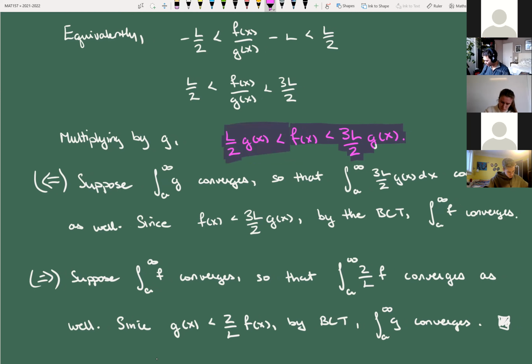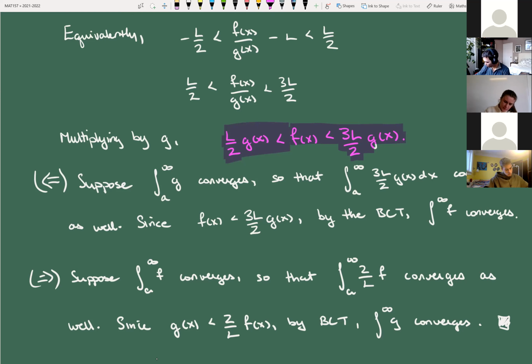Oh, sorry. You know what? I guess maybe I shouldn't say the integral from a. I guess I should say the integral to n converges. This converges, so the integral.